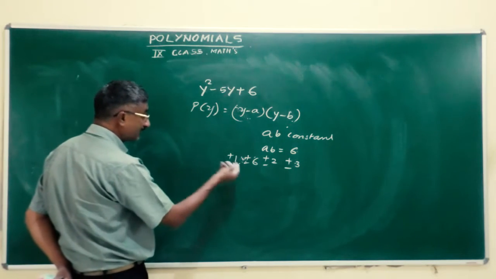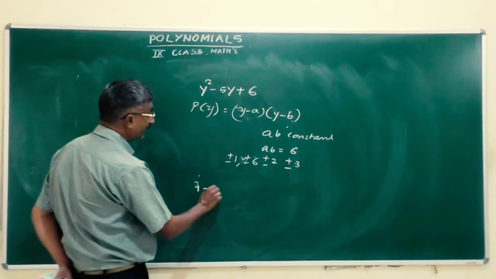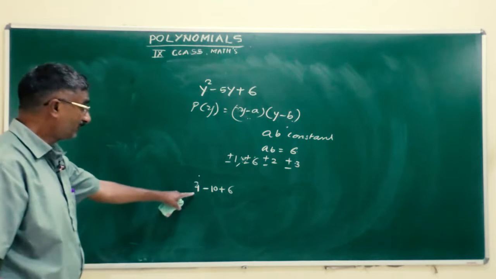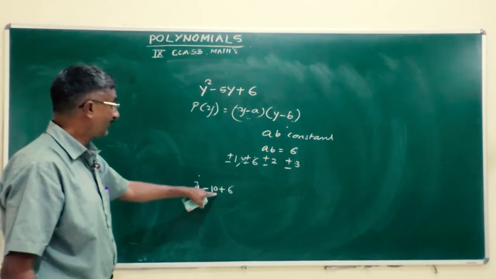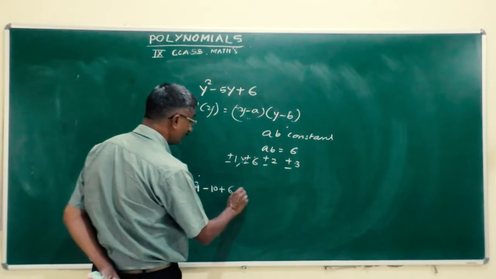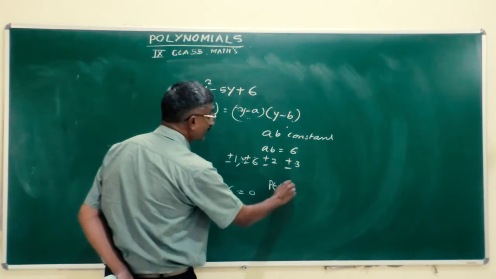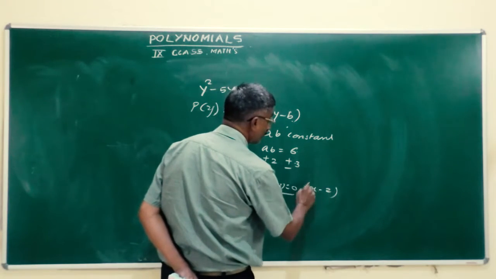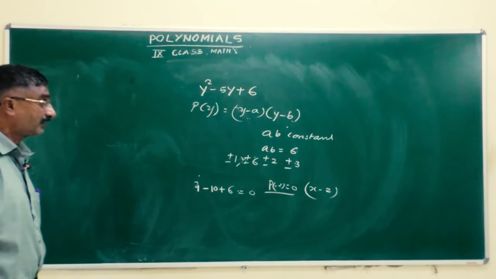Say we substitute 2. So, 2 square is 4 minus 10 plus 6, which becomes 0. So, P of 2 is equal to 0. So, 2 is a factor, so y minus 2 is a factor of this term.